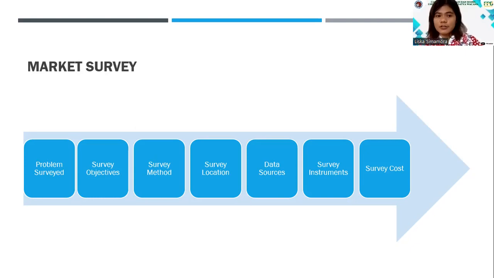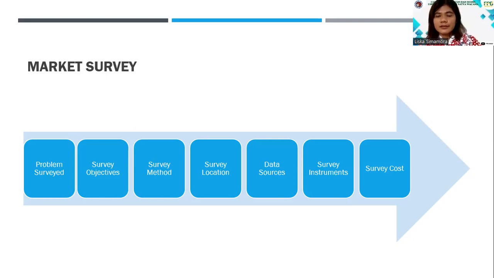After we know the problem surveyed, by following the steps mentioned in chapter 1 to chapter 3, it's time for us to determine the survey objectives. Because your project is a new entry market, your survey objective is to see the potential market of your products. Then you define your objectives, and next you define your method to do the survey.